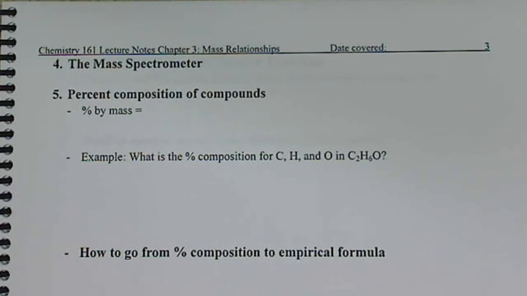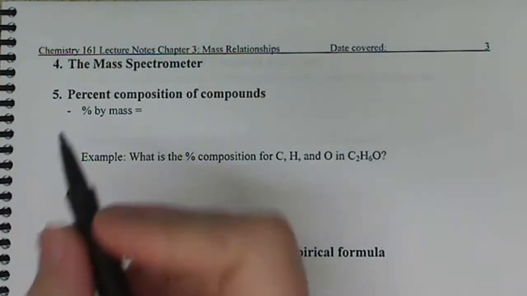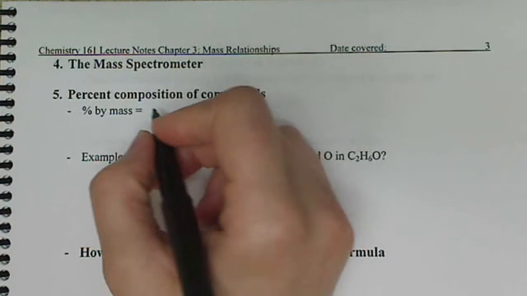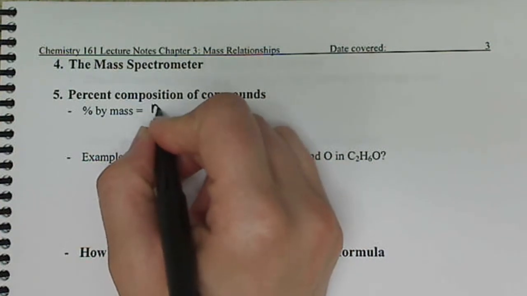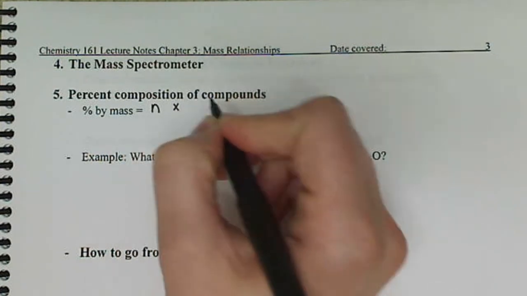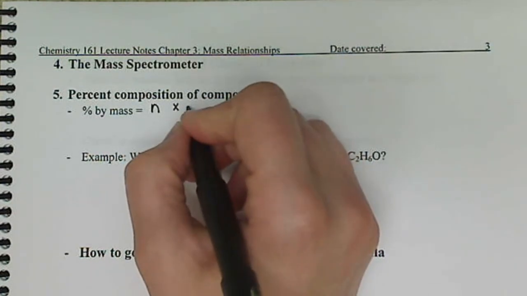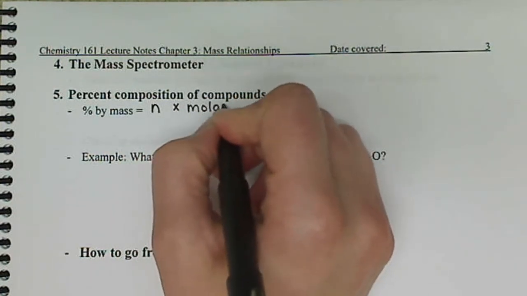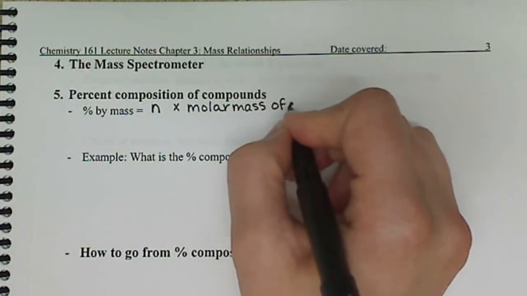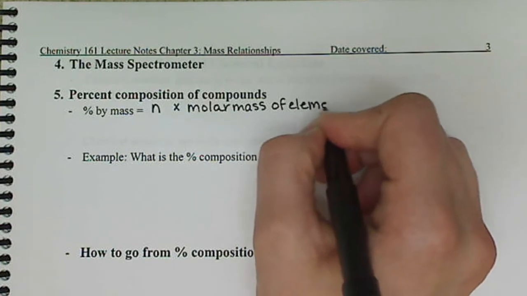In Chapter 3, Section 5 covers the percent composition of compounds. So our definition of percent by mass is going to be an equation described by N, which I'll describe in a minute, times the molar mass of whatever element we're looking at.